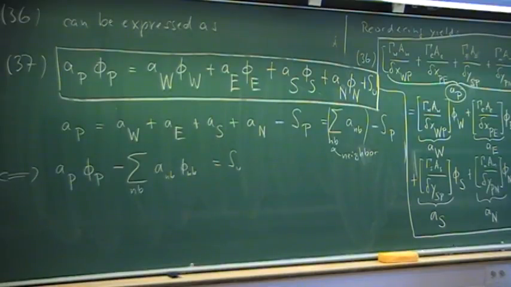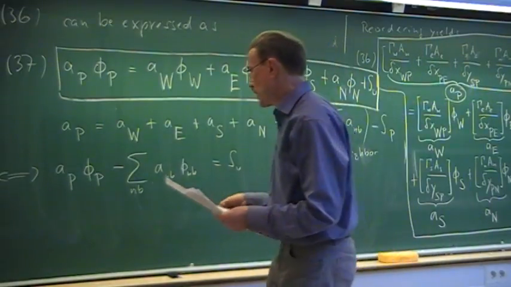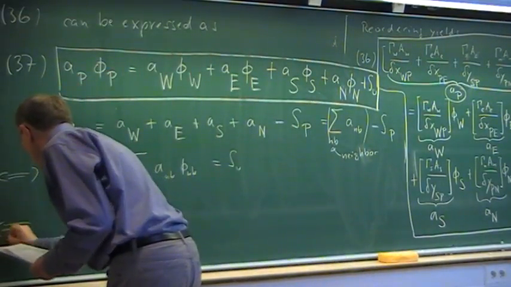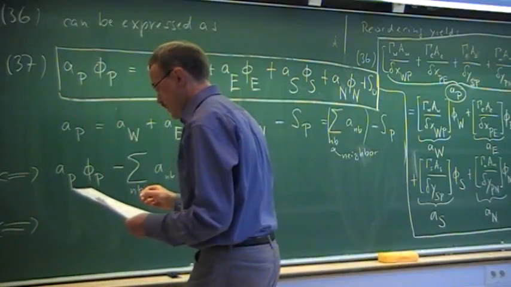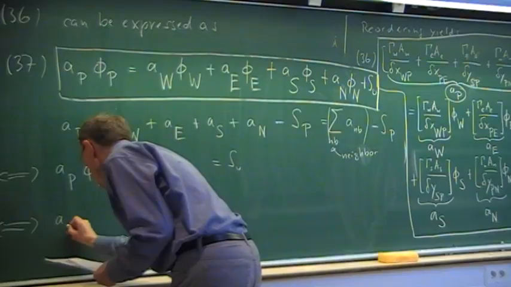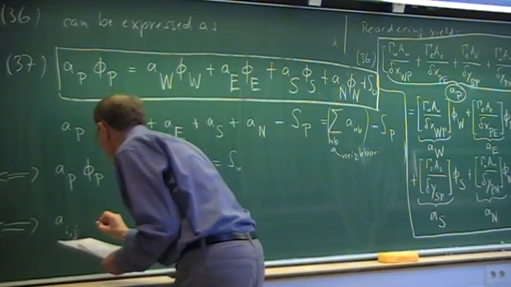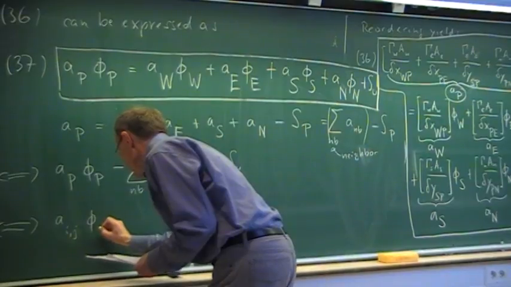And we can also write this in a little different form. The form that I'm using is the following. This is equivalent to saying, if we introduce the index notation, that this is A ij, the unknown phi ij.